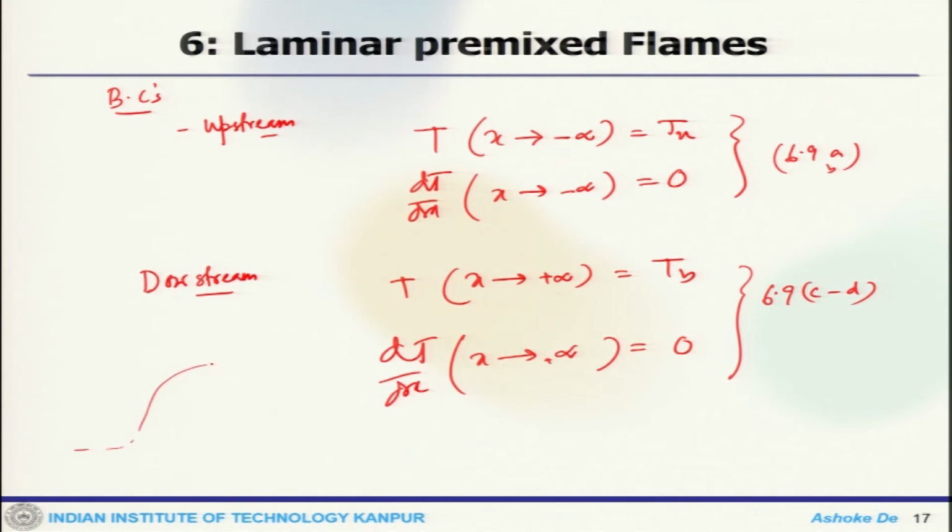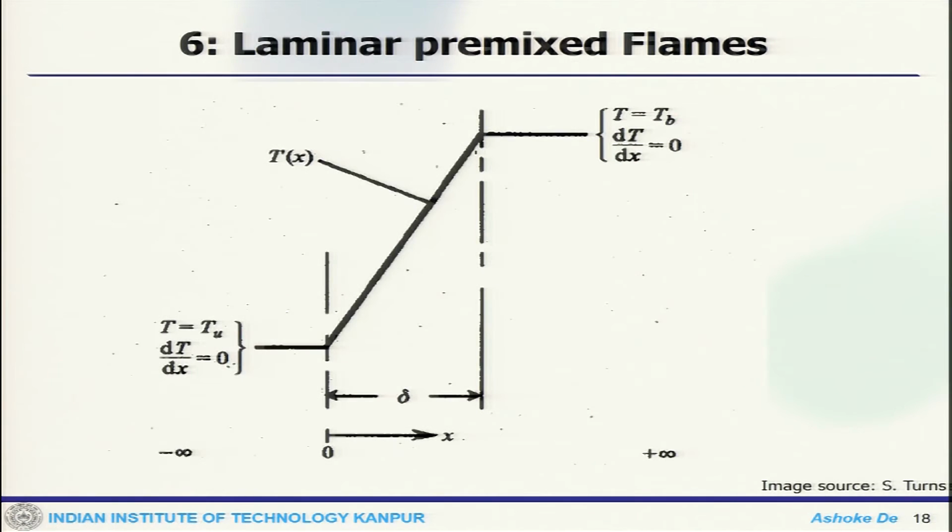So, this is the situation. This is your upstream, and this is, for example, the temperature profile, and this is downstream. So, you get these two conditions. This is x negative infinity, this is x positive infinity, and this is the direction of x, and we assume a temperature profile.